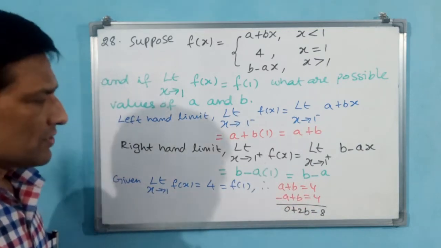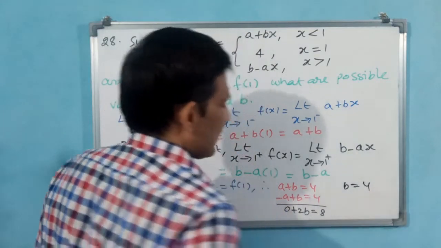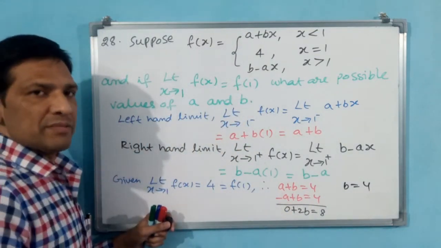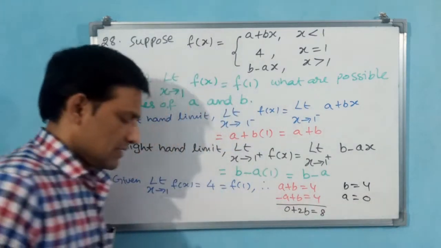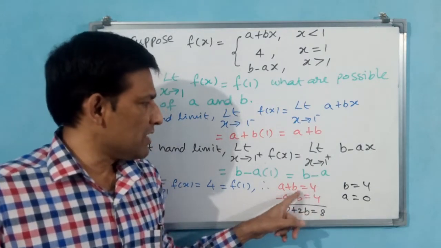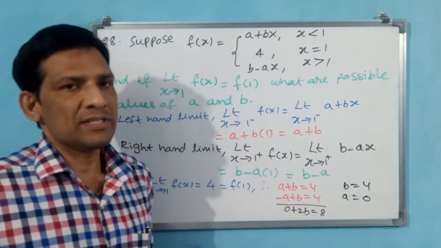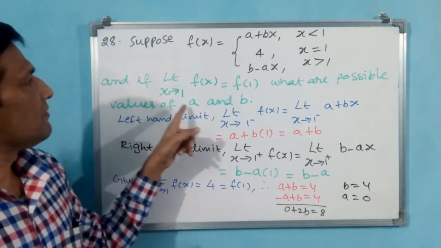Okay. See, 2b is 8 means b is equal to 4. And a is equal to 0. Why a is equal to 0? See, when a plus b is 4 and b is equal to 4, that means a is 0 only. That's all.